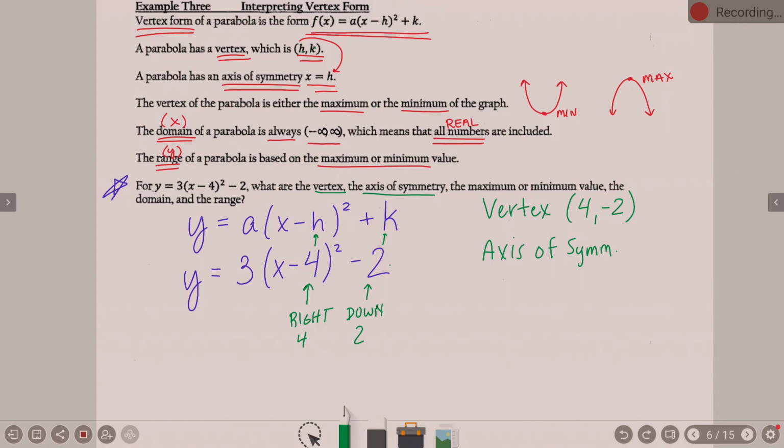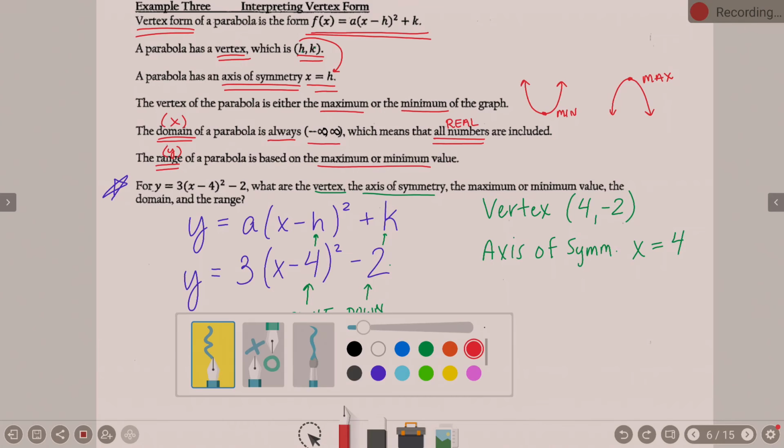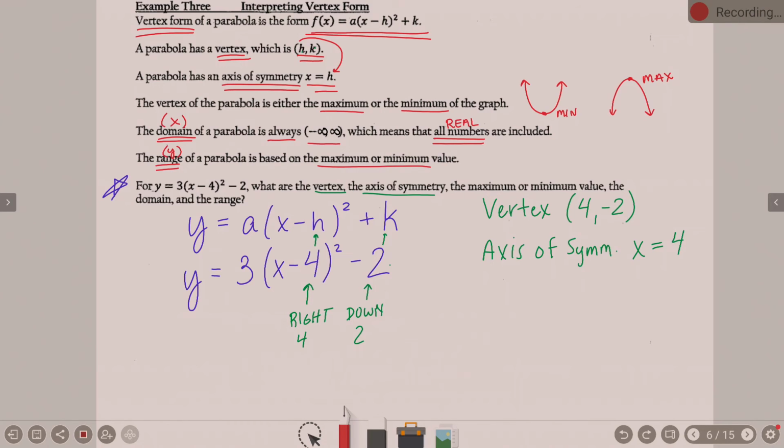So in this case, my axis of symmetry is going to be x equals 4. Do me a favor, don't ever just write down 4. Always put x equals 4. Your axis of symmetry is an equation of a line. It's a vertical line, so it's not just a number. It is an equation.